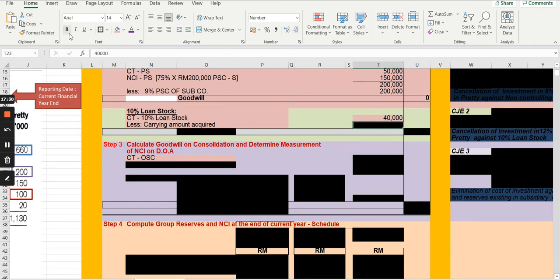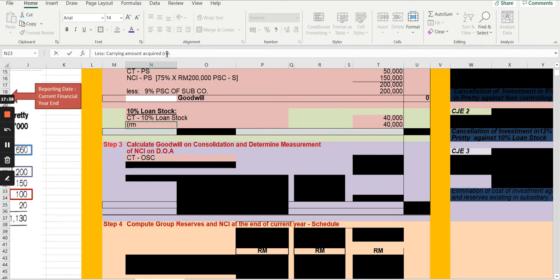The amount acquired is 40%, right? So the carrying amount here would be RM100,000 times 40%.